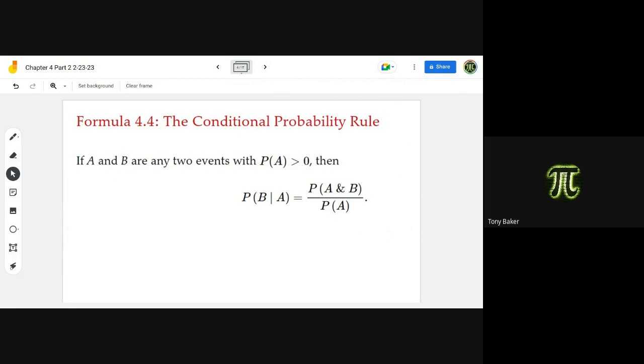Now, just because this is a math class and we have to qualify things, the probability of A can't be 0 because we can't divide by 0. However, if the probability of A was 0, you just say the event would never occur, unlike algebra class where you'd say it's undefined.